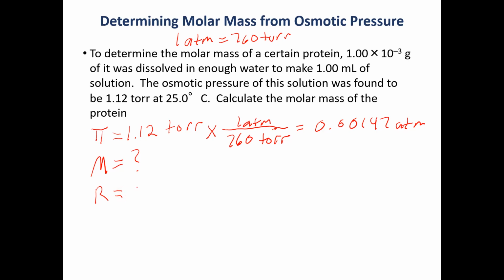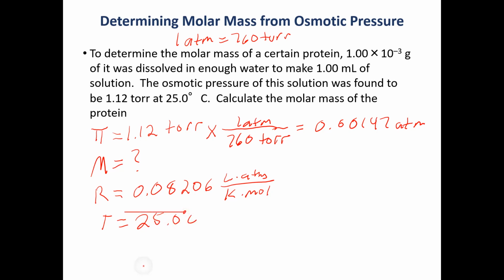The molarity is what we're trying to calculate. R, the gas constant that we're going to use for the equation for osmotic pressure, is 0.08206 liters times atm over Kelvin times mole. And the temperature given to us is 25 degrees Celsius, which we have to convert to Kelvin.